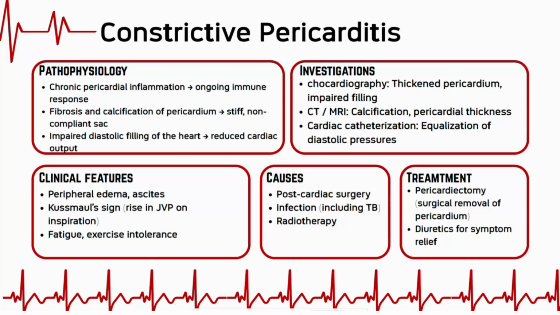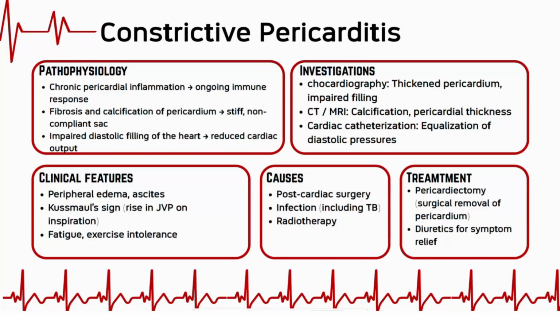Now, constrictive pericarditis is a form of chronic pericarditis. Essentially, with constrictive pericarditis, what you have is chronic pericardial inflammation lasting more than 3 months. We have fibrosis and calcification of the pericardium, which causes the pericardium to become stiff and non-compliant. What that does is that it impairs the diastolic filling of the heart, and therefore it reduces the cardiac output.